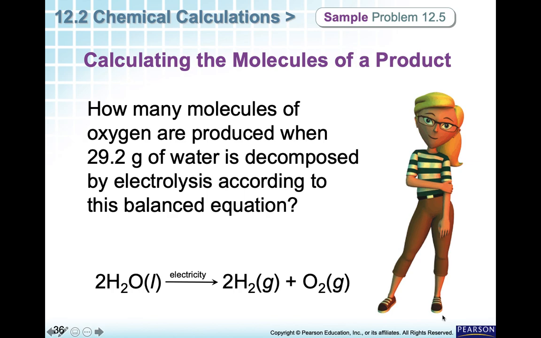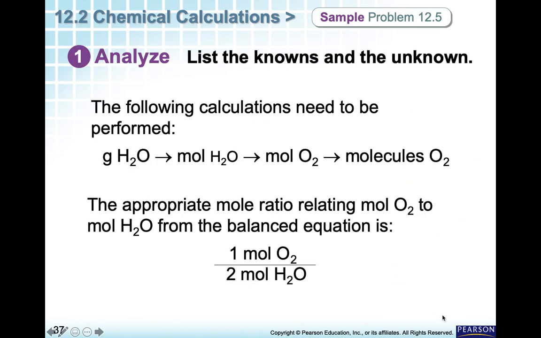We want to find molecules of O2. So our plan is to go from grams of water to moles of water. And that one I would use the molar mass of water. To go from moles of water to moles of oxygen, you're going to use the ratio shown below from the balanced chemical equation.